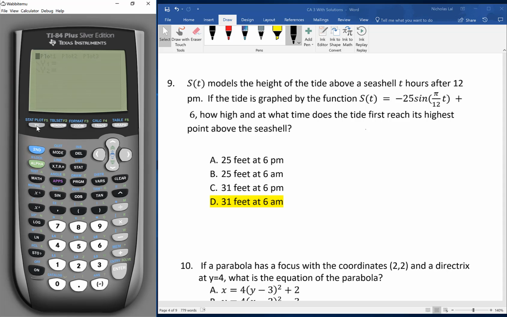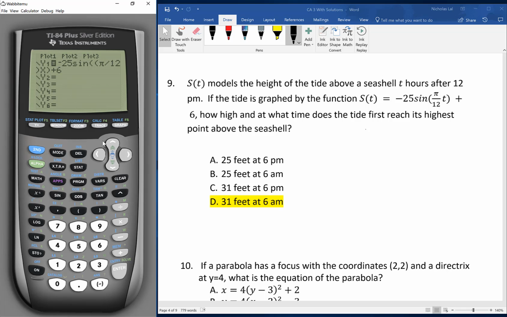So the function right here is going to be negative 25 times the sine of pi over 12 t. In this case, t is our variable, so that can be x, plus 6.